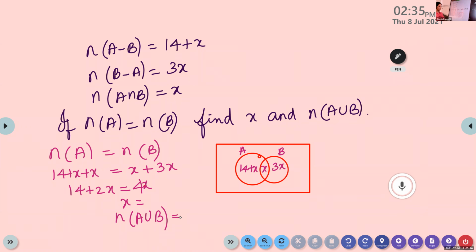What is the value of x? Fahis, the value of x is?